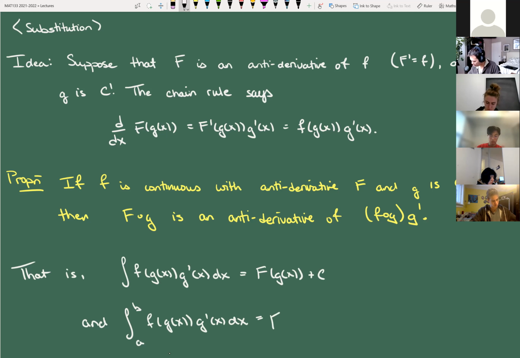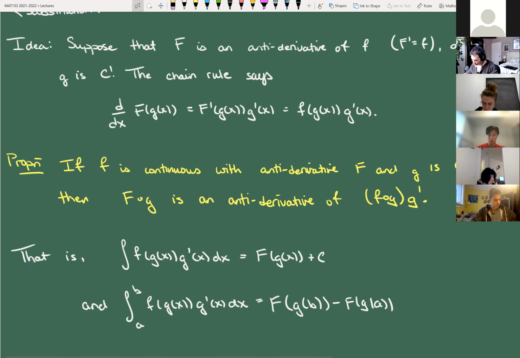Well, that's going to be F of g of b minus F of g of a, because this is what the FTC tells us, that these two things are true. And let me just actually rewrite the second one in a slightly different way, because you'll see why it's called U substitution if we do this.